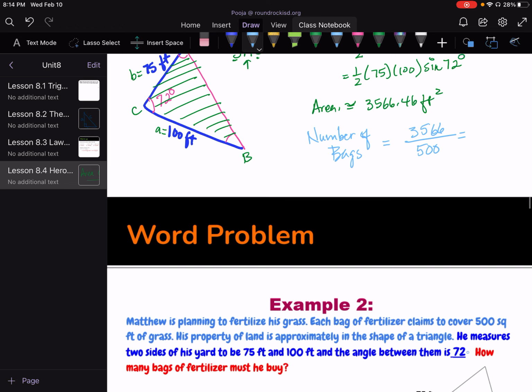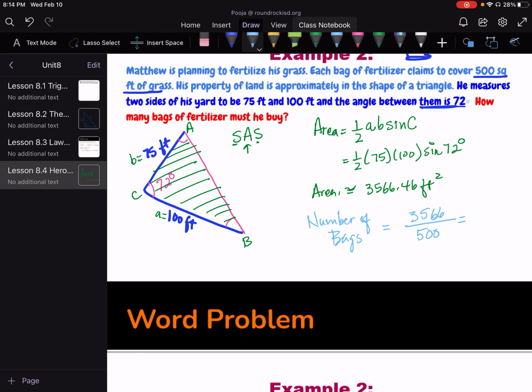And when you divide these two numbers, it'll turn out to be 7.13. And we need a little over 7 bags, so I can't round it down. I can't say that 7 bags will be enough because we need a little more than 7. So we will have to buy 8 bags because obviously no store is going to give me 0.13 of a bag. So he's going to need 8 bags.